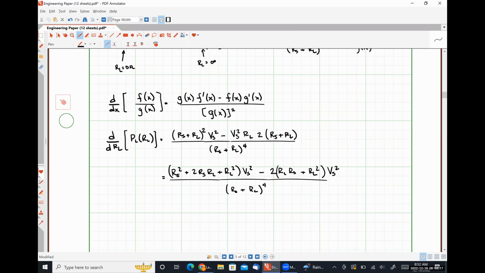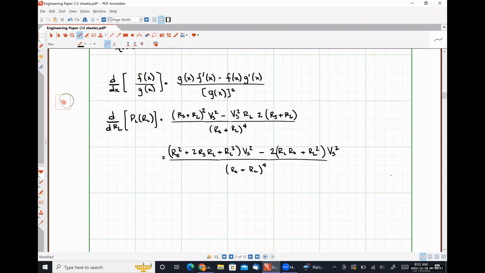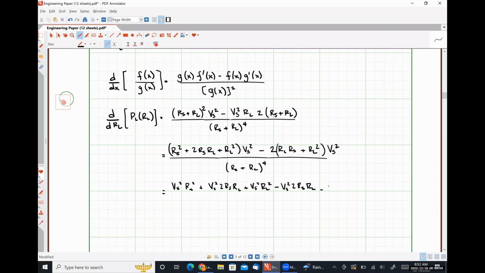All right, so it's probably one step too many here, but just to cover my butt, I'm going to have VS squared times RS squared plus VS squared times twice RS RL plus VS squared times RL squared minus VS squared twice RS RL minus VS squared times 2 RL squared, all over RS plus RL to the 4th power.